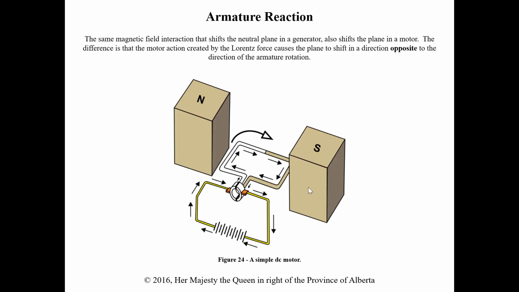So we'll see that. Armature reaction, again, is very similar to what we talked about with generators. The biggest difference is that it causes the neutral plane to shift in the opposite direction of the armature rotation. In generators, the neutral plane shifted in the same direction as the rotation of the armature winding, or the rotor, and in a motor it goes the opposite direction.